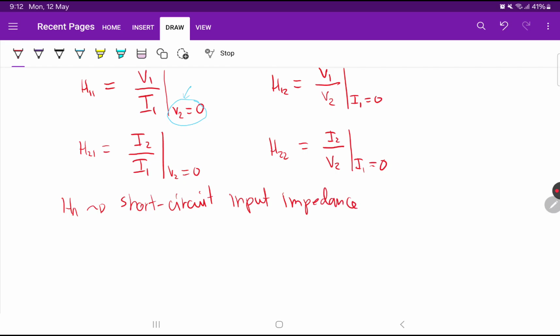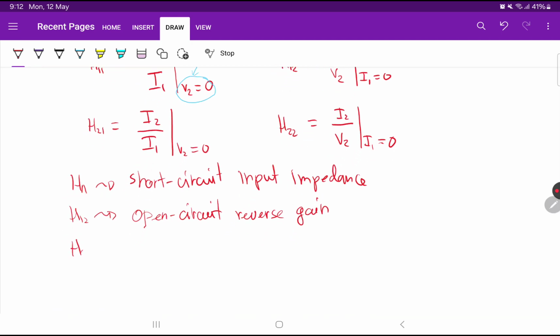While H12 and H21 are unitless, meaning they are gains. We call them gains. For H12, it's an open circuit, because I1 is equal to 0, and this is called the reverse gain. Open circuit reverse gain, because that's the gain in the output.